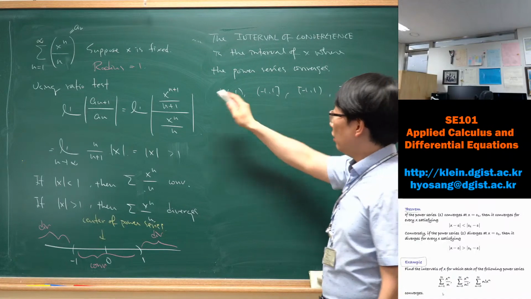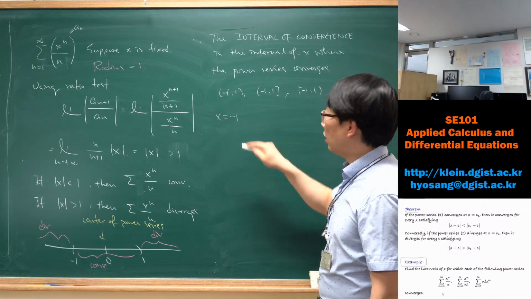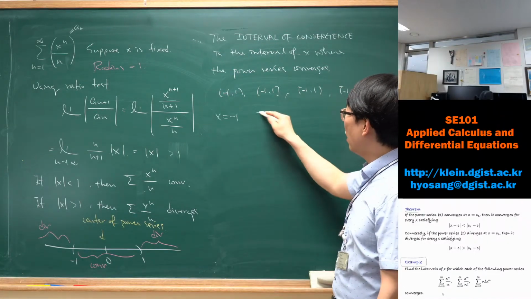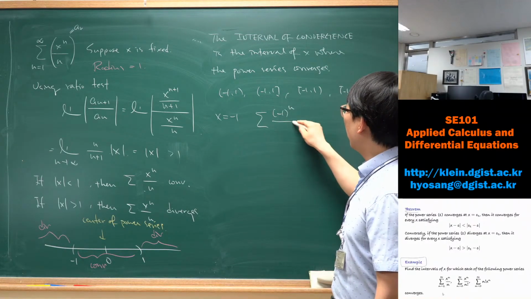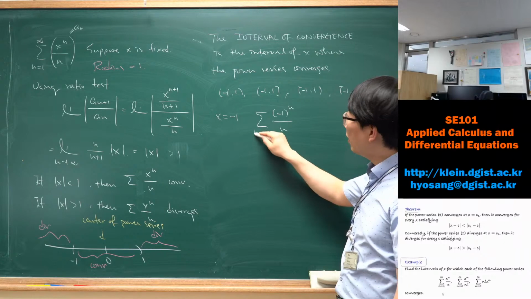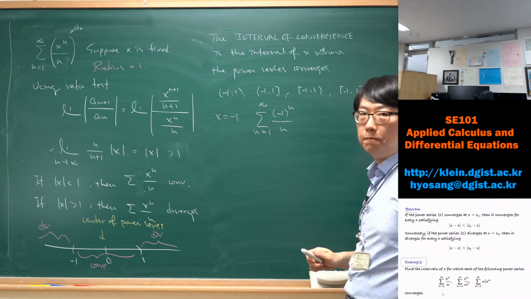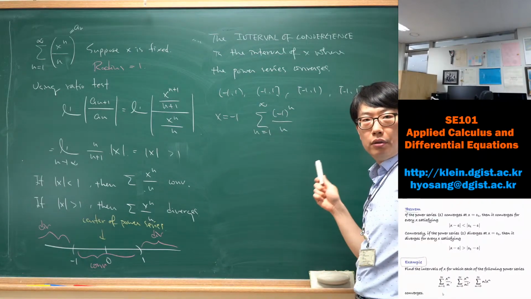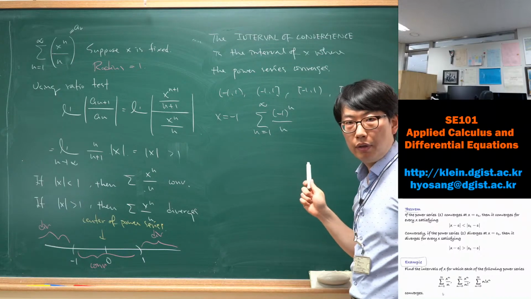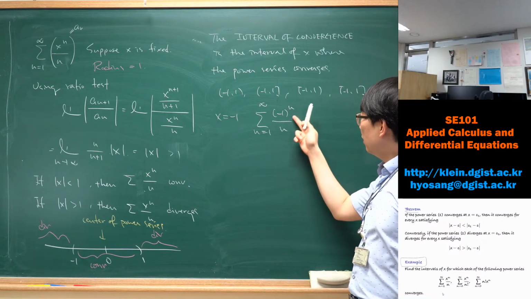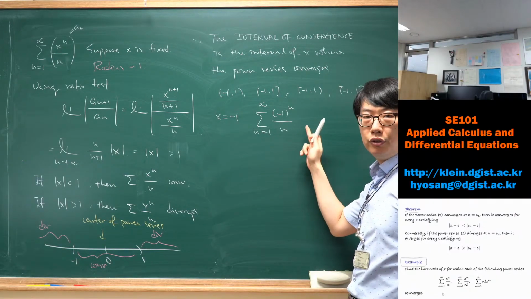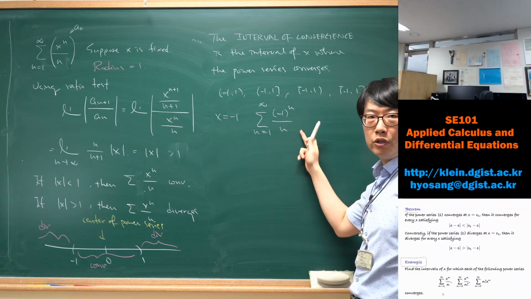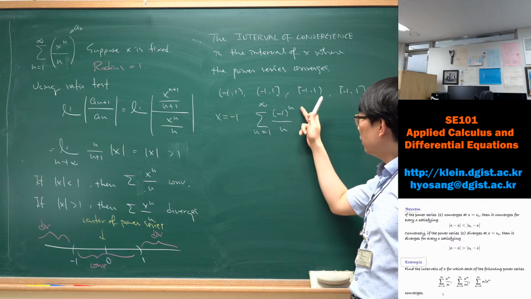So let's try to plug in x equals -1 there. So we have the sum of (-1)^n over n from n equals 1 to infinity. Now, this is an alternating series. Therefore, if the absolute value part of this alternating sequence converges to 0, this series converges. So the absolute value part is 1 over n.